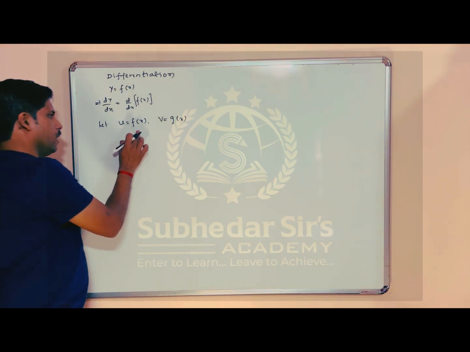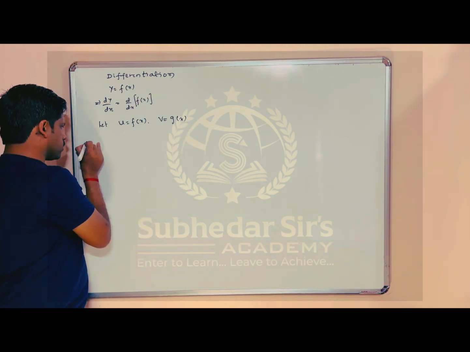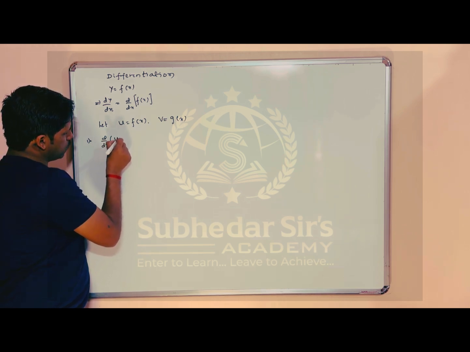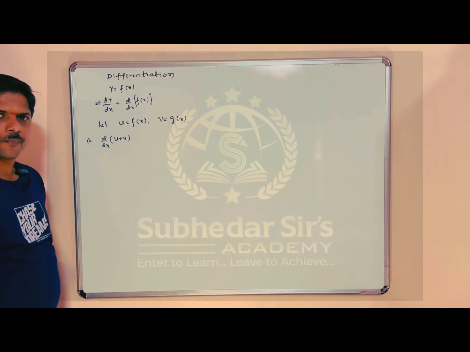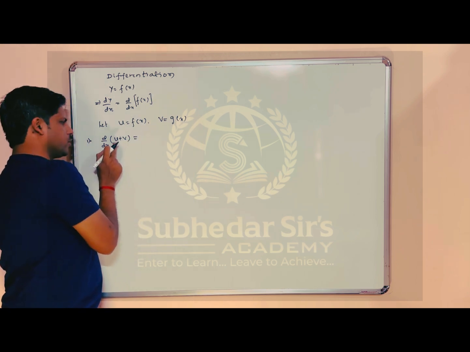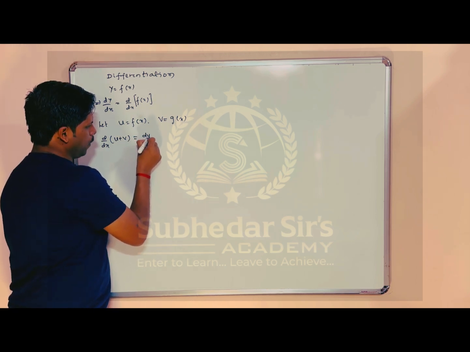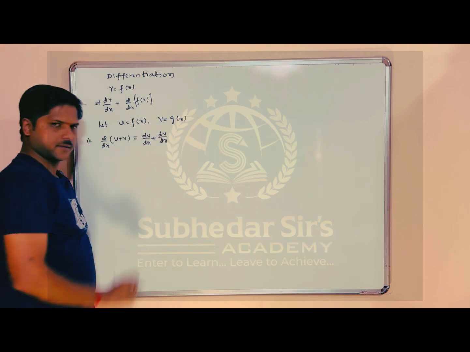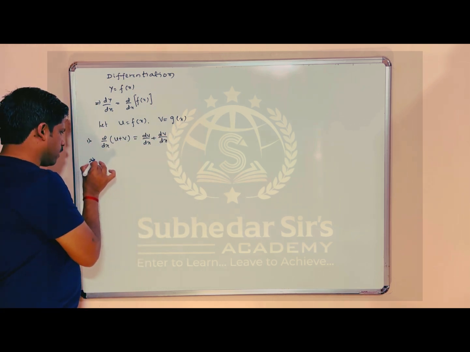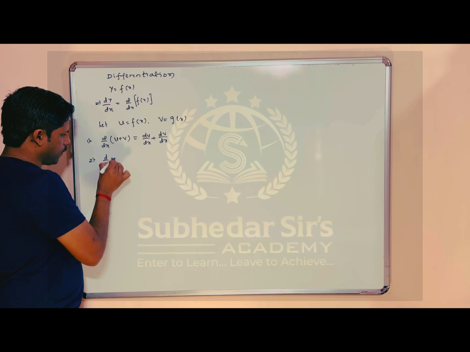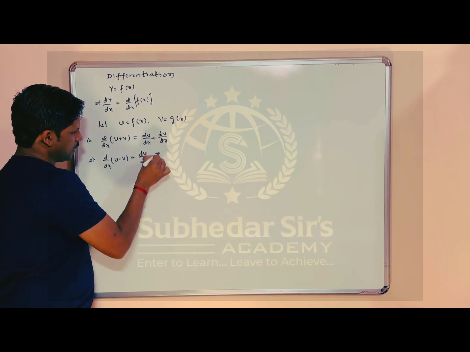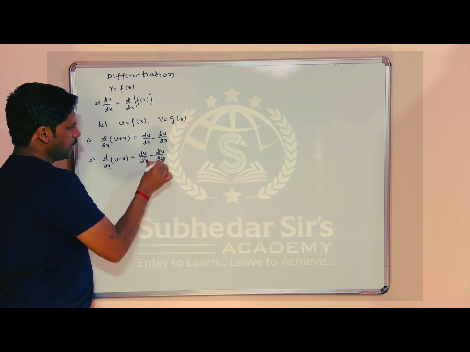Then d by dx of the addition of these two functions, u plus v, is du by dx plus dv by dx. Similarly, second one, d by dx of u minus v is equal to du by dx minus dv by dx.